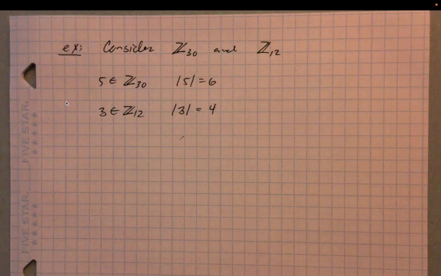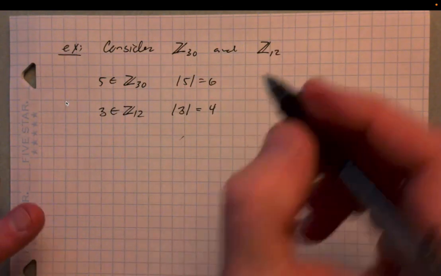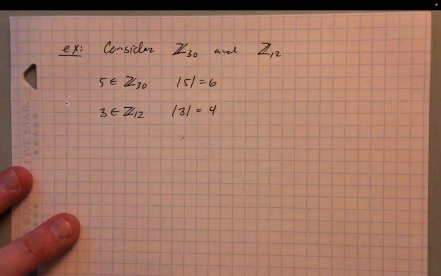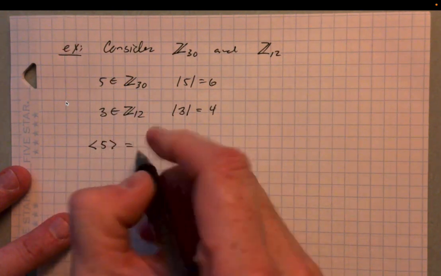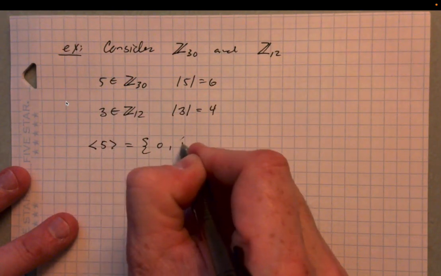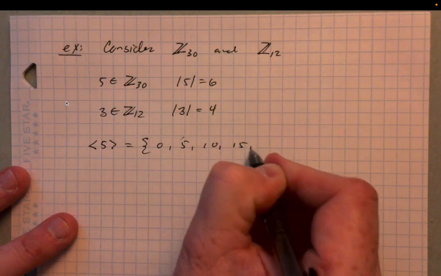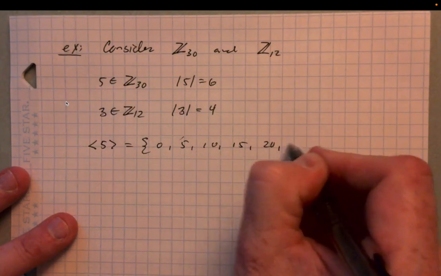Okay, and so for this example, I want to actually specify something different. Let's think about the subgroup generated by these two elements in each case, right? So the subgroup generated by 5, we know that's 0, 5, 10, 15, 20, and 25.